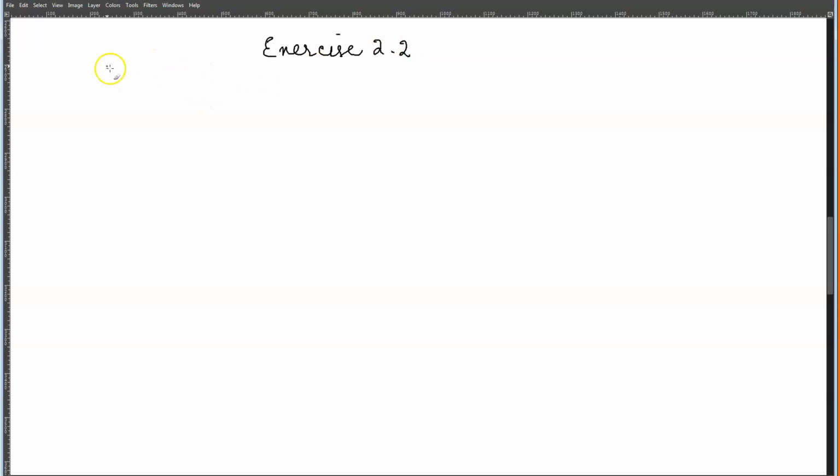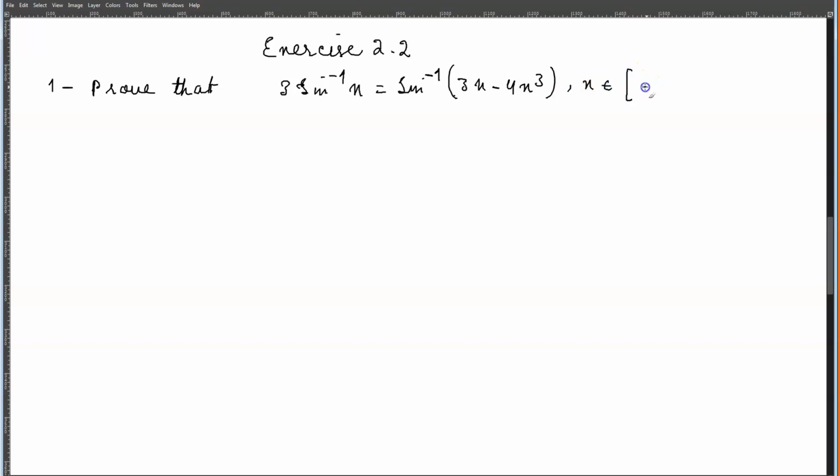So the question: number one, you want to prove that 3 sine inverse of x is equal to sine inverse of 3x minus 4x cubed, for x belonging to the interval negative 1/2 to 1/2.